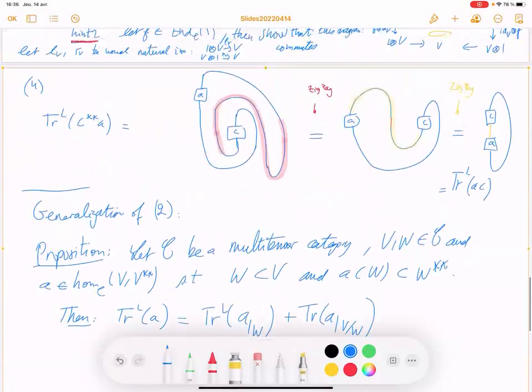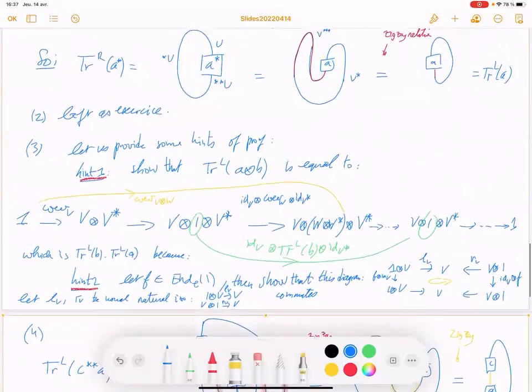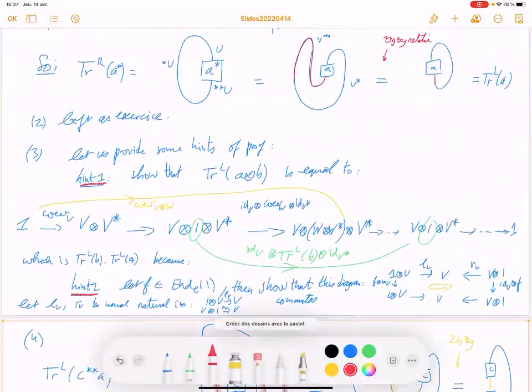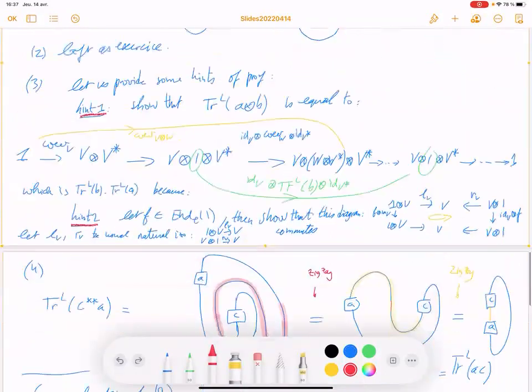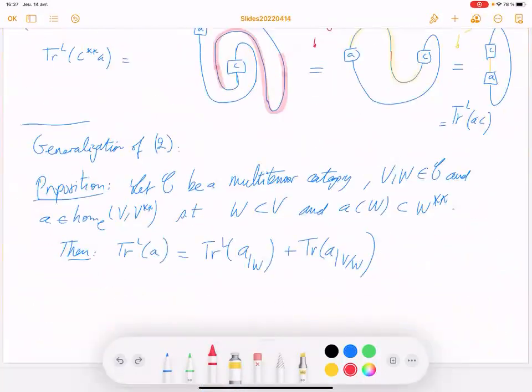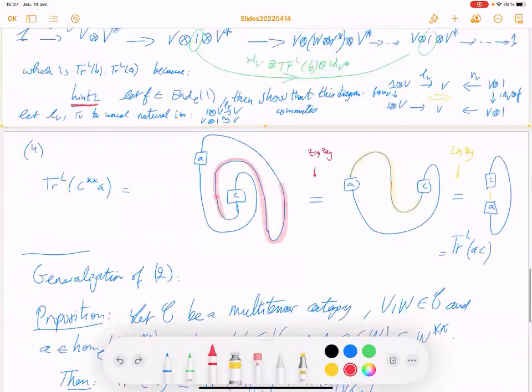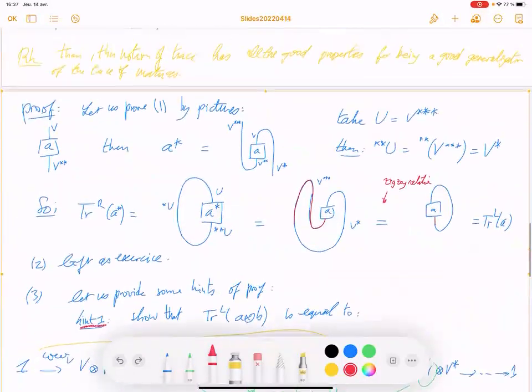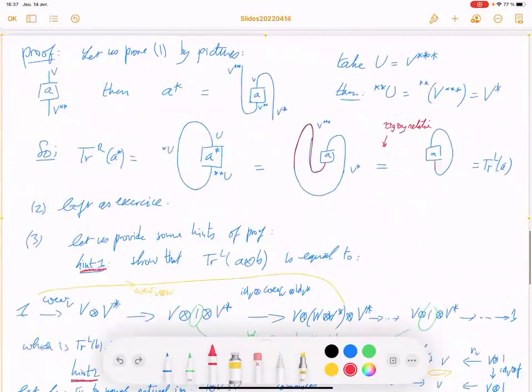So if you prove this proposition, in fact, you get point 2 as a consequence of this proposition, because the direct sum is a specific case of that.